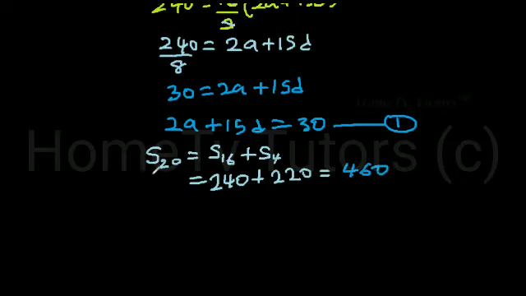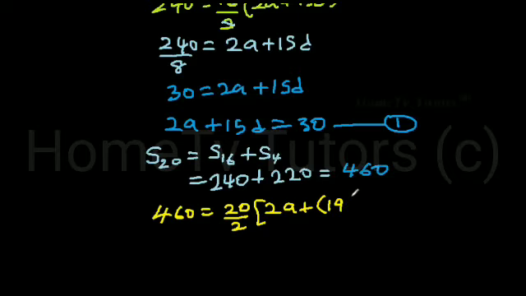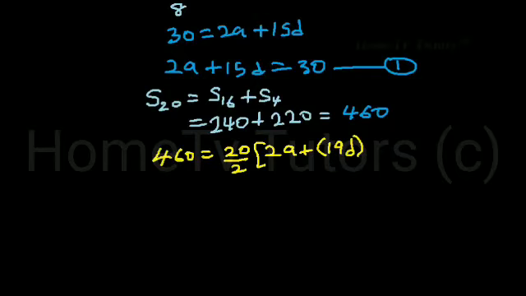So now we know that the sum of the 20 terms is 460. Then n is 20, so 20 divided by 2, then 2a. We're bringing in the formula for the sum of the 20 terms of the AP. 2a plus bracket 20 minus 1, which will give us 19d. With this, 20 divided by 2 will give us 10.